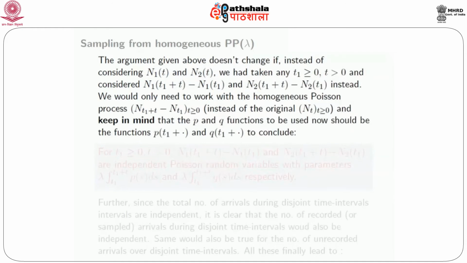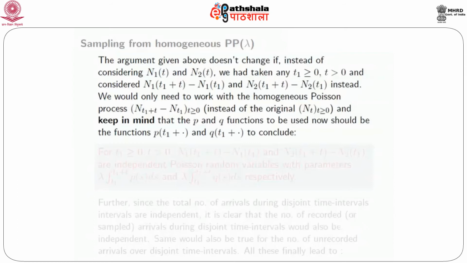We would only need to work with the homogeneous Poisson process N(t1 plus t) minus N(t1) instead of the original Nt process, and keep in mind that the p and q functions to be used now should not be the original p and q functions, but the functions p of t1 plus dot and q of t1 plus dot.